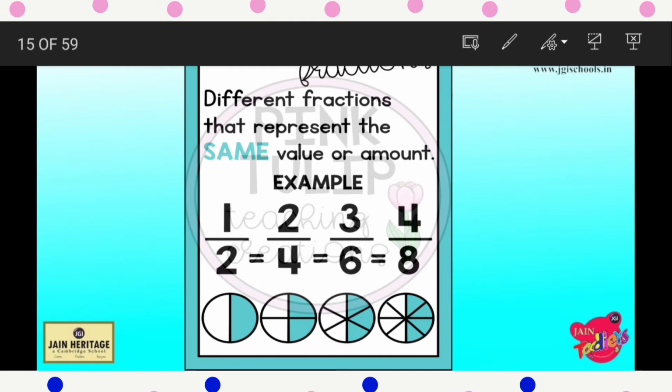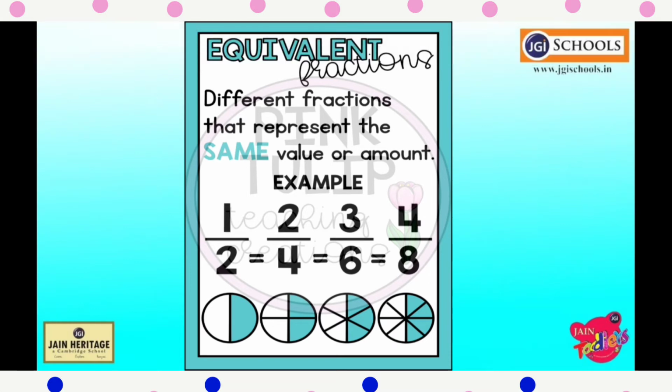If you simplify these numbers, what will you get? You will get 1 by 2 only. Why? Because the total shaded part is just half the circle. In the first one it is half, in the second one it is also half, the third one is also half, and the fourth one is also half.